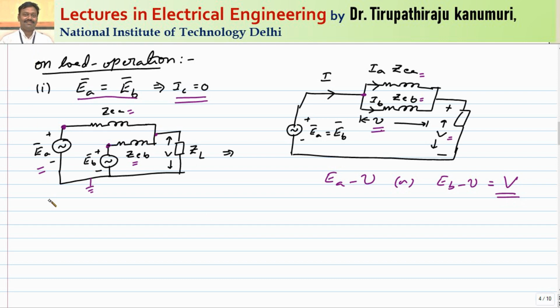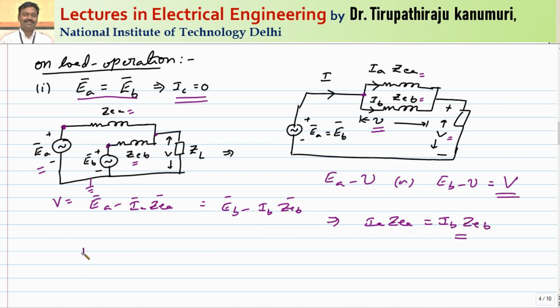V is equal to EA minus IA ZEA, or this will be equal to EB minus IB ZEB. So as EA is equal to EB, this I can write as IA ZEA will be equal to IB ZEB. Agree with me?